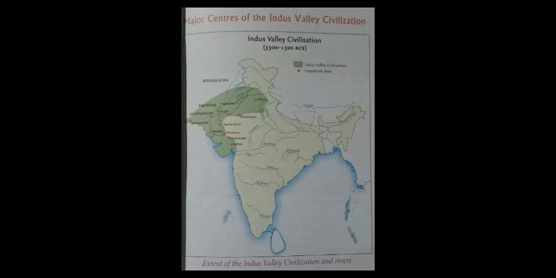So these are the names of the places where the major centers of Indus Valley civilization are, from Pakistan, Balochistan, Jammu Kashmir, Uttar Pradesh till Maharashtra.